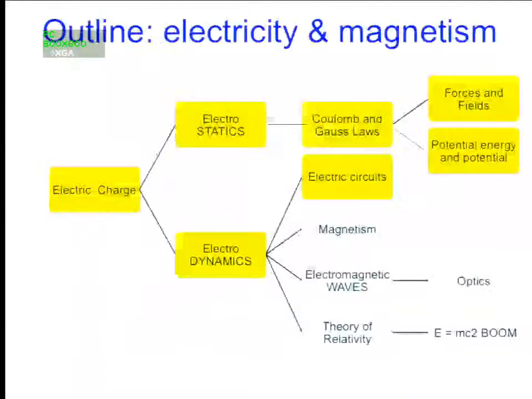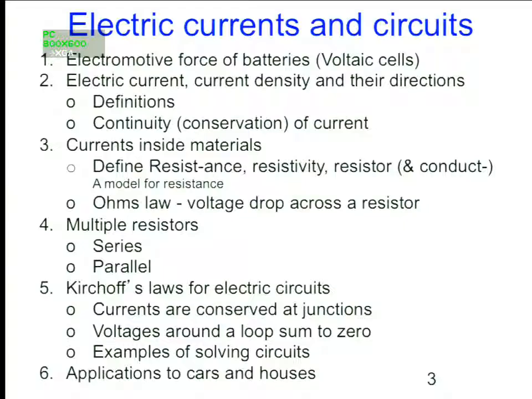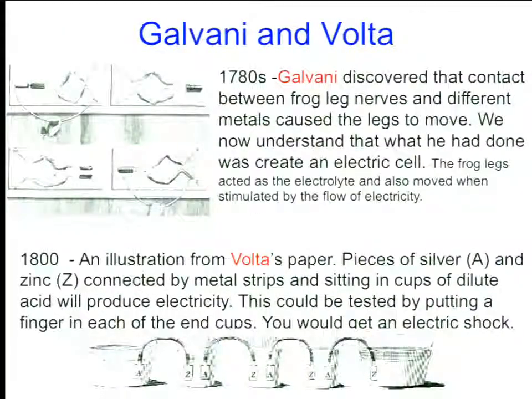Let me skip ahead. I'm now going to start to talk about electric circuits, but the first thing you have to know is that we're switching to a situation where the charges are moving. Up till now we said the charges are stationary, with statics. Now we are going to worry about charges that move. And you have to push the charges to make them move.